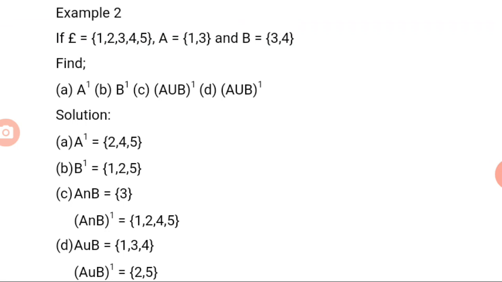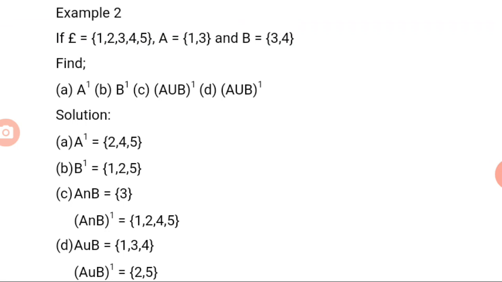Now, A intersection B is 3. That is, what you can find in both A and B is 3. Now, what will be the complement of A intersection B? Is that clear?